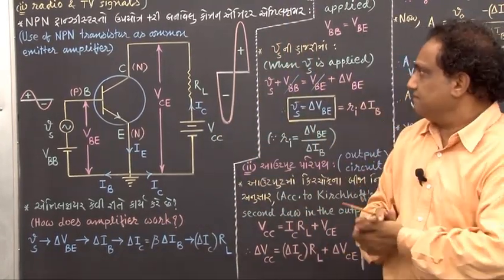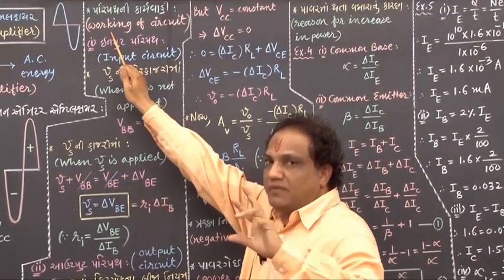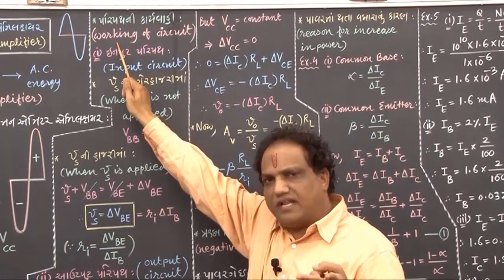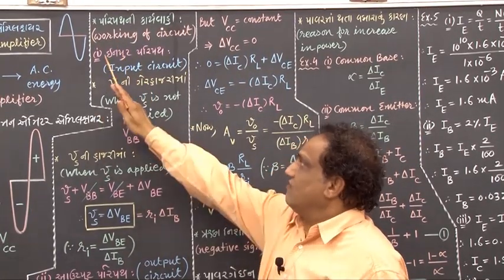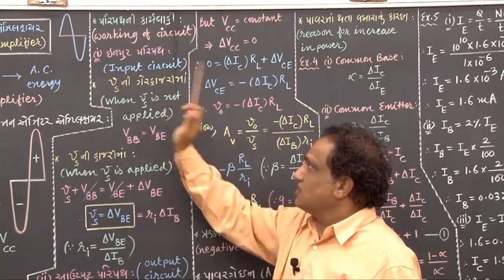Correct? Fine. Now let us mathematically analyze the working of this circuit. How does it work? First of all, we take the part which is the input part of the circuit. We call it the input circuit.